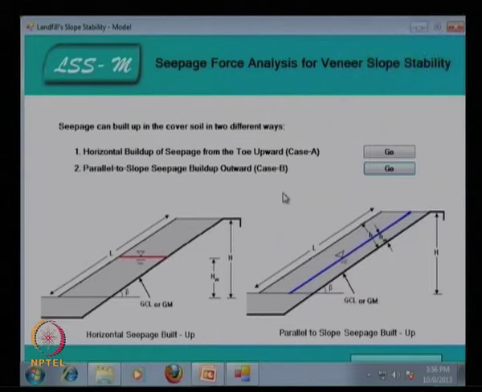So, seepage force analysis for beneath slope stability. Seepage can build up in the cover soil in two different ways.